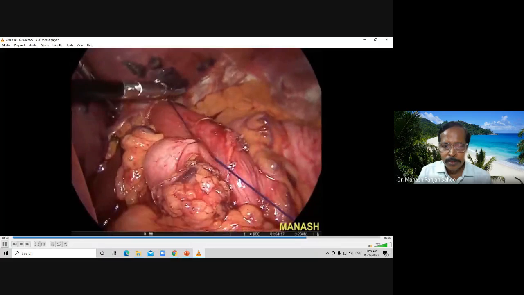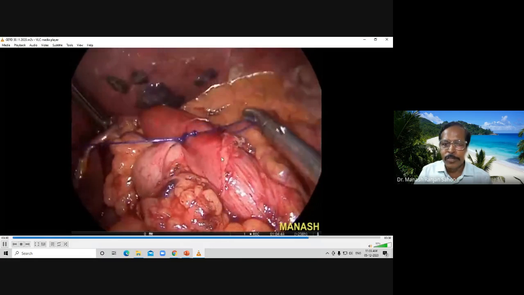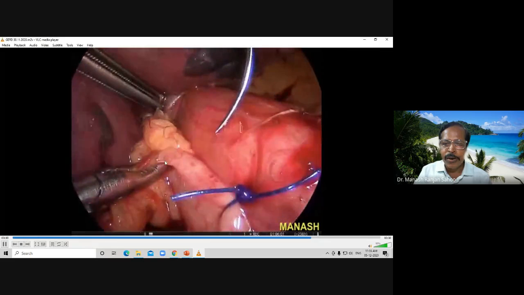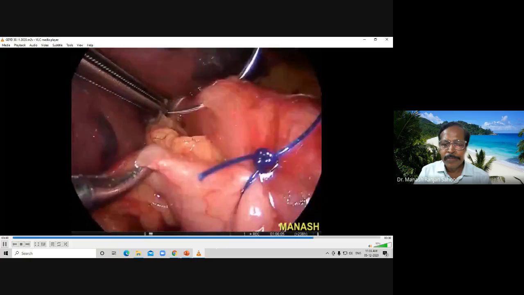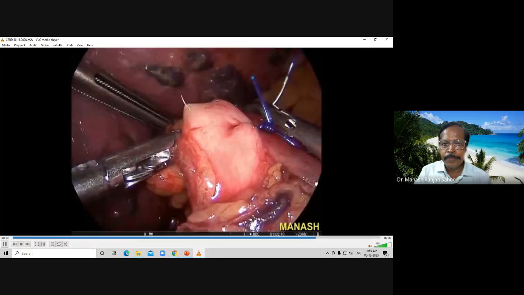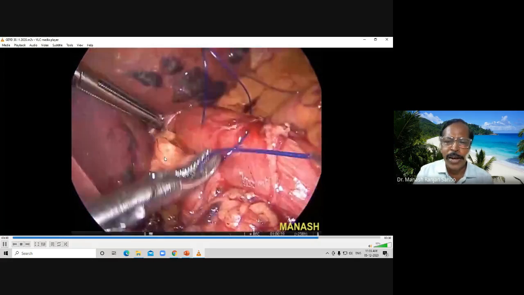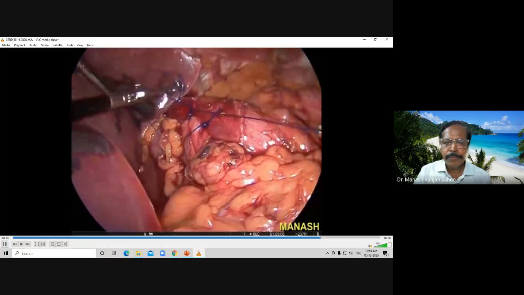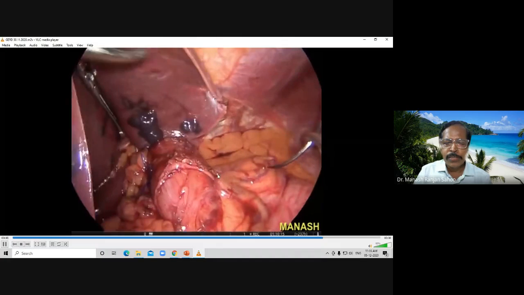So you can take one bite on the, this is a 280-degree wrap, the anterior part of the esophagus you are just leaving bare. So you are fixing 2 stitches on either side of the esophagus to the fundus. Quite often these sutures should ideally be Ethibond. So this is on the right side fixation.